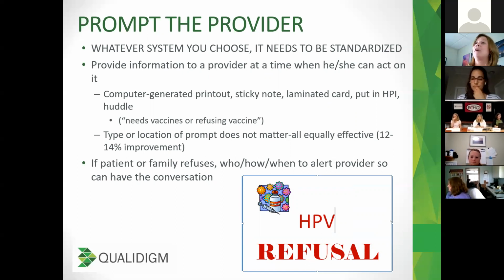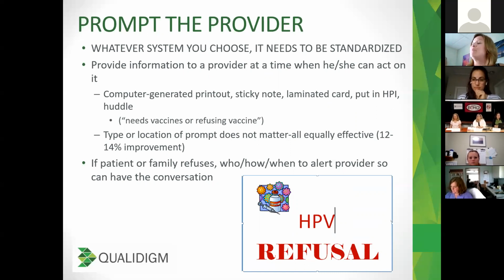They're all equally effective and can actually see a 12 to 14% improvement in HPV rates if you've got one system there. So you can use, again, Impact, a computer-generated printout, a sticky note, a laminated card, and you can see this little screen or icon below is actually an example of a laminated card we use here.